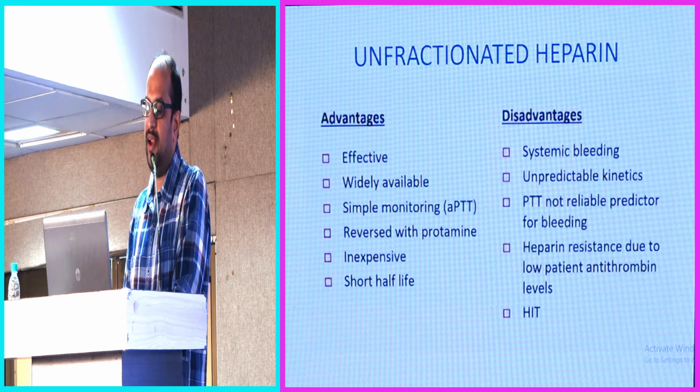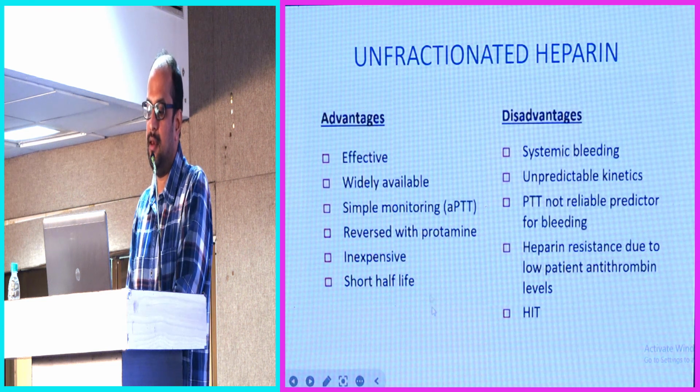Coming to the advantages and disadvantages of heparin, we know that unfractionated heparin is quite effective and widely available. It can be monitored easily by APTT. It can be reversed with protamine. It is inexpensive, and it has a short half-life. The disadvantages are that it has a systemic bleeding tendency, there is unpredictable pharmacokinetics, and APTT is not a completely reliable marker.